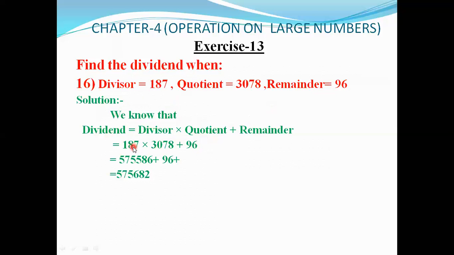When we multiply 187 by 3078, we get 575,586 plus 96. When we add these two numbers, we get 575,682. In this way we can find the dividend. Once again, to find the dividend, we use the formula which is used for verification of the dividend.